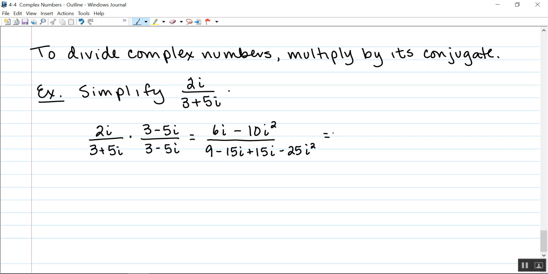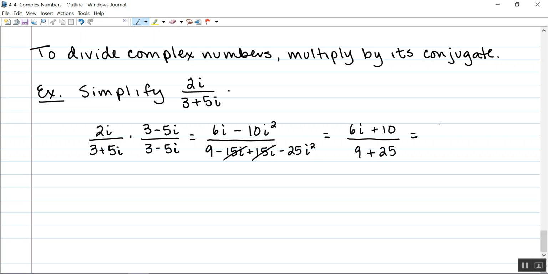So on top, that's going to give me 6i, and i squared, remember, is negative 1, so that's going to be plus 10. And on the bottom, notice these 15i's will cancel each other out, and I'm going to have 9. And i squared is a negative 1, so that's going to give me plus 25.